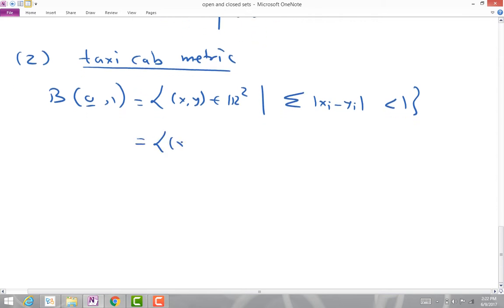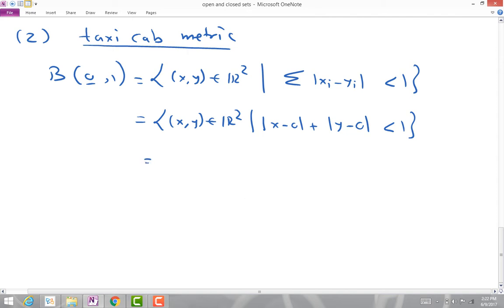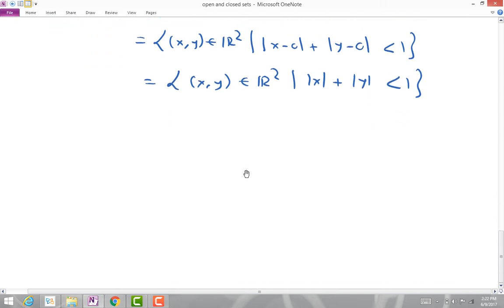So I have (x, y) in R squared such that, so my y coordinate is going to be 0, so I have absolute value of x minus 0 plus absolute value of y minus 0 is strictly less than 1. And if we simplify a little bit further, I have absolute value of x plus absolute value of y is strictly less than 1.